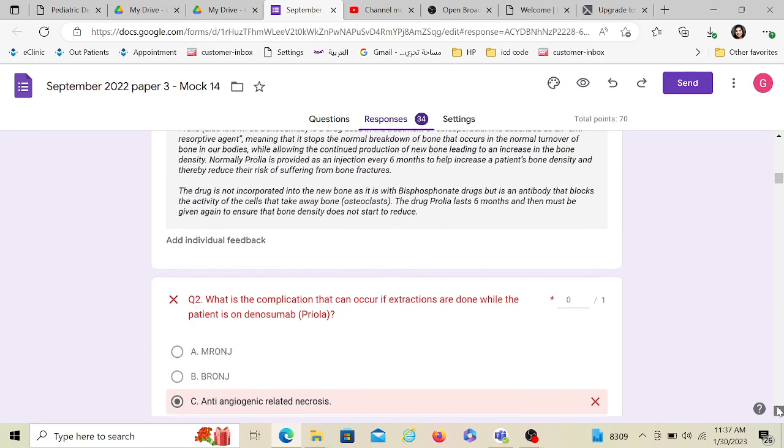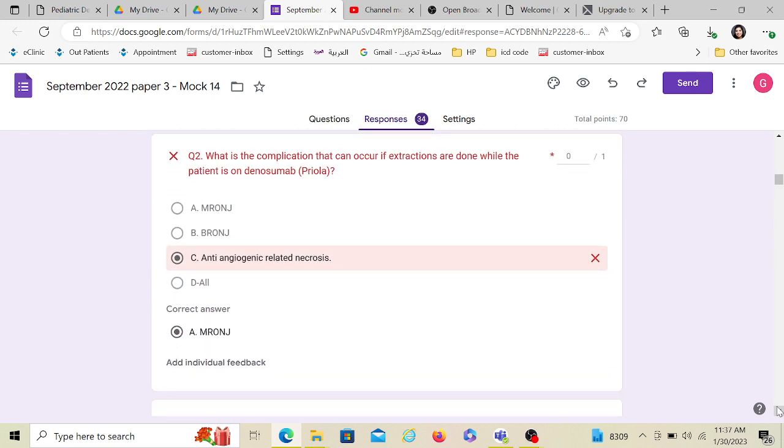Again, read the feedback. What is the complication that can occur if extractions are done while the patient is on denosumab? See, what does denosumab do, and this can be asked in your part 2 exam OSCE also, so it becomes a very important question. Osteoporosis means there is a dissolving situation of the bone. When you are giving an anti-resorptive agent, it means that the bone is not going to dissolve the way it is supposed to. It is going to reduce the capacity of the bone to resorb.